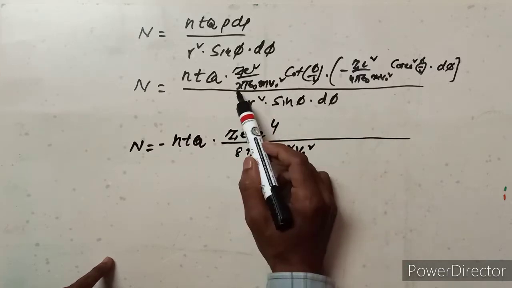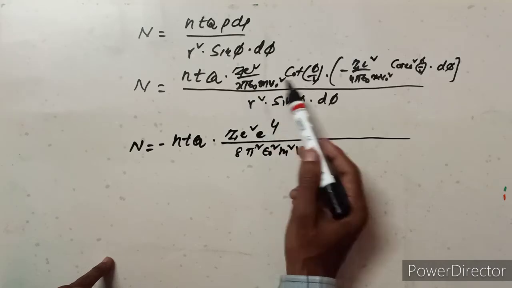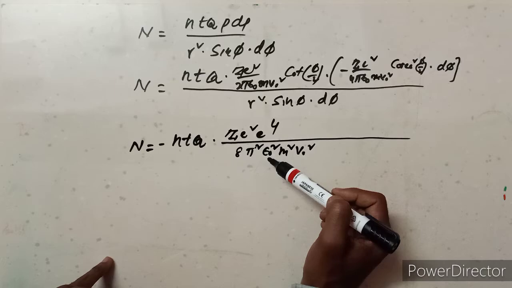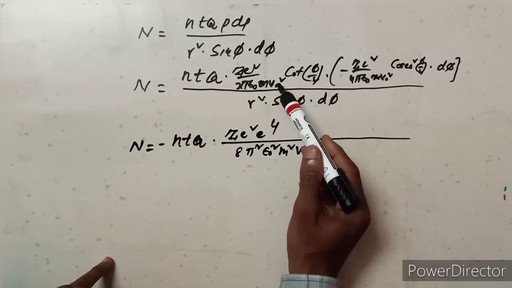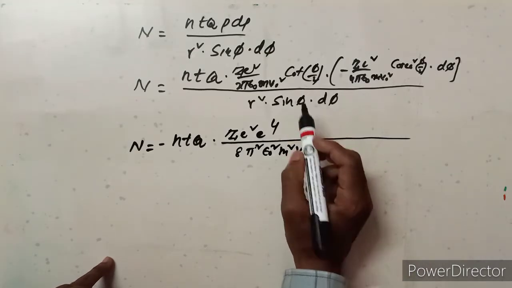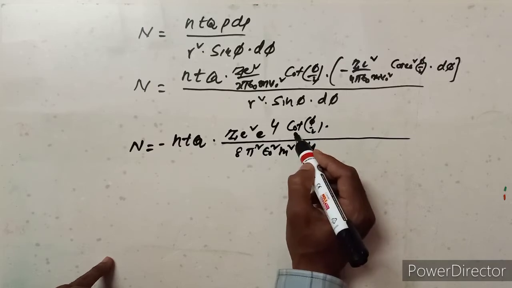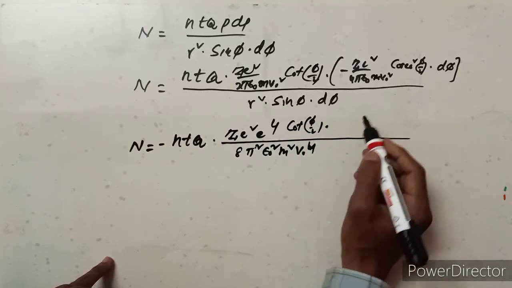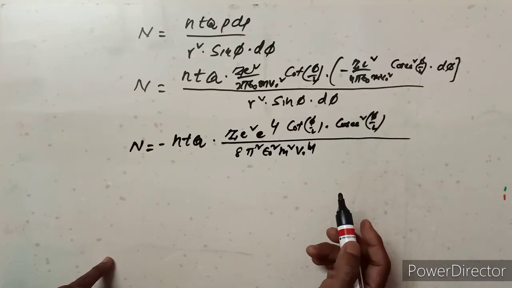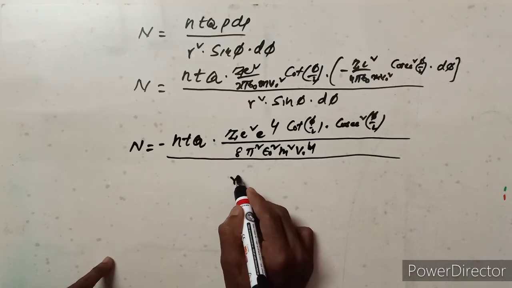In the denominator, 2 fours are 8 pi square epsilon naught square m square v naught to the power of 4, remaining cot of phi by 2 and cosecant square phi by 2, total upon r square.